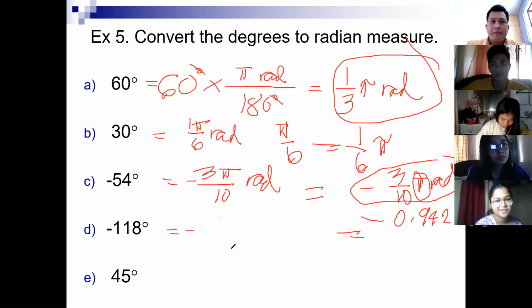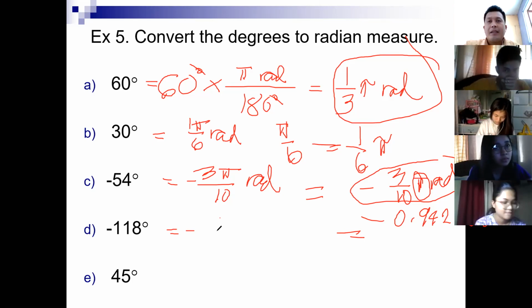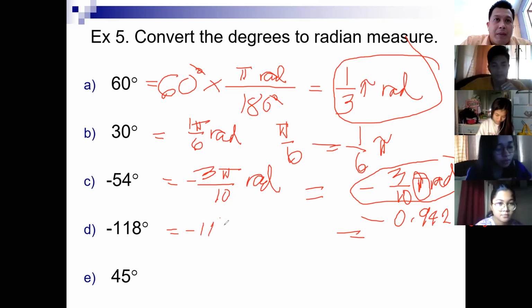Negative 0.5. Negative 0.75. You are trying to give me a decimal value. You try to come up with a solution much better the next time.